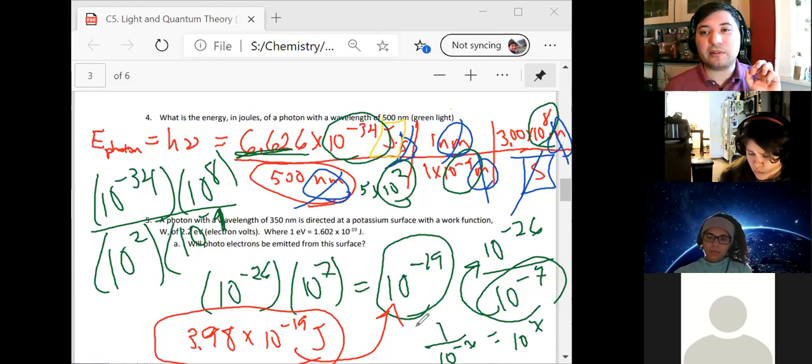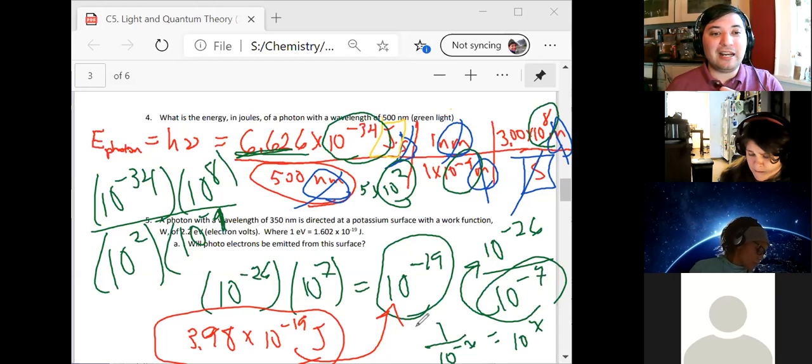There is wiggle room because your numbers aren't always 1, but if it's in the general area around that number, that's a really good sign. On the other hand, if you get something like 3 times 10 to the positive 12, and you go, wait, I was expecting negative 19, then you go back and check your work.